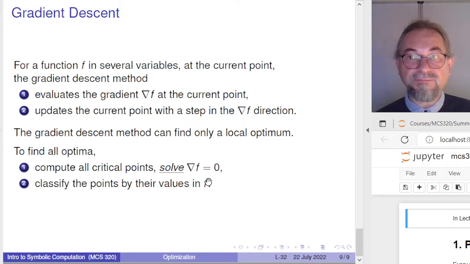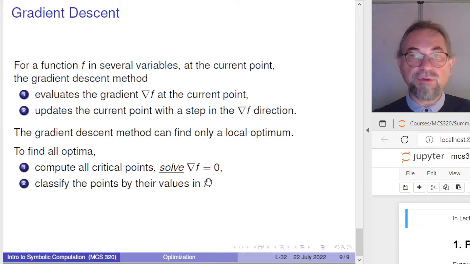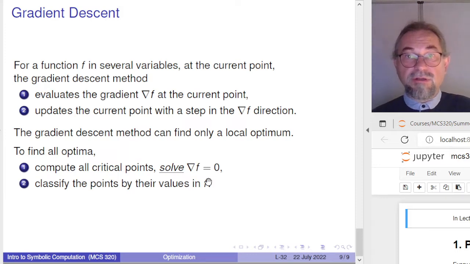And then we classify the points by the values that we obtain at these critical points in our function. Okay, so this is a very brief introduction to optimization, polyhedral optimization, and unconstrained optimization.